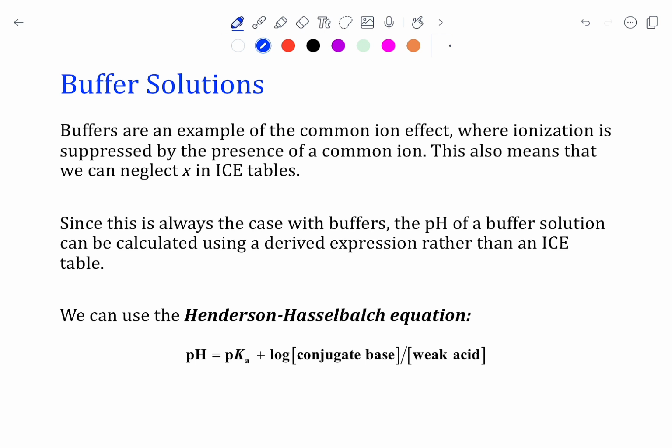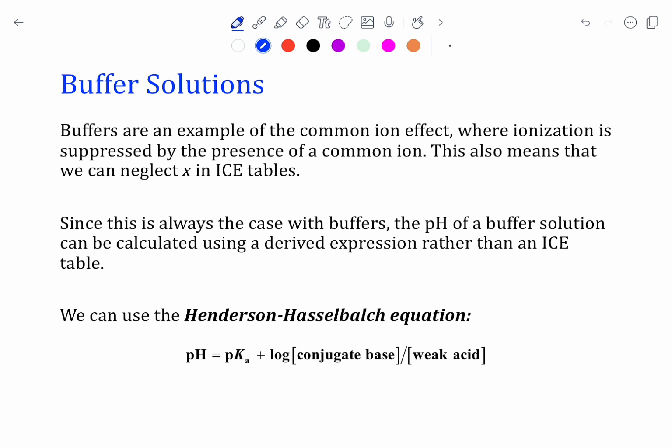This also means, as we saw from our previous examples, that we can neglect x in our ICE tables, because those Ka's are going to be small, those changes are going to be small, that they're not going to affect those equilibrium concentrations. Since this is always the case with buffers, the pH of a buffer solution can be calculated using a derived equation rather than doing an ICE table over and over.